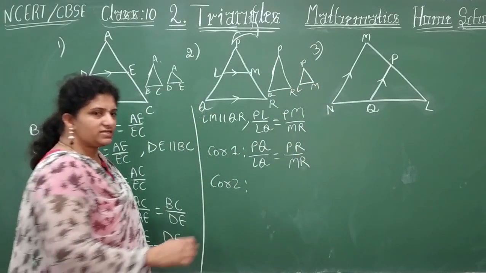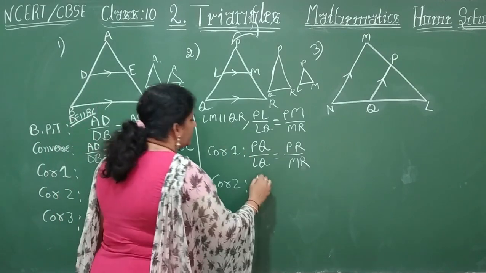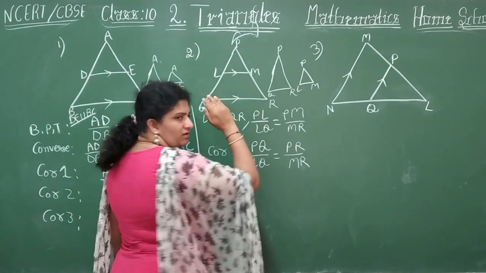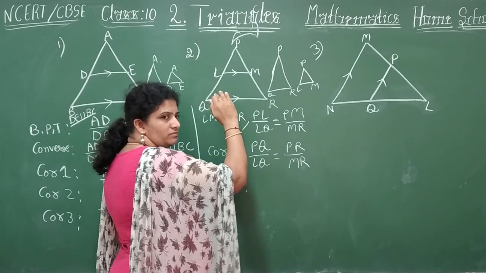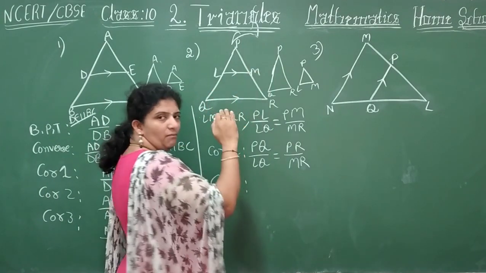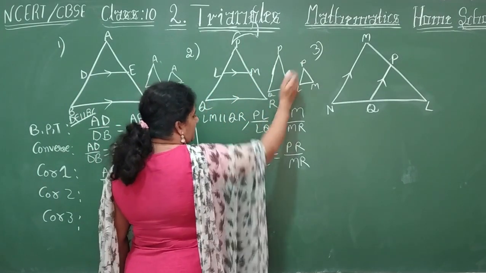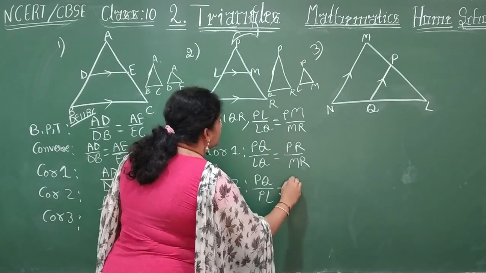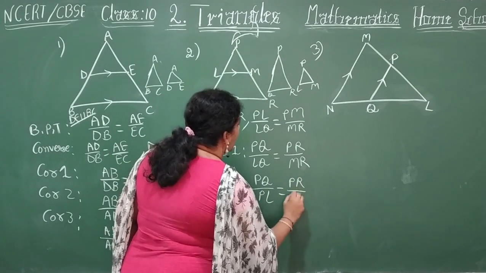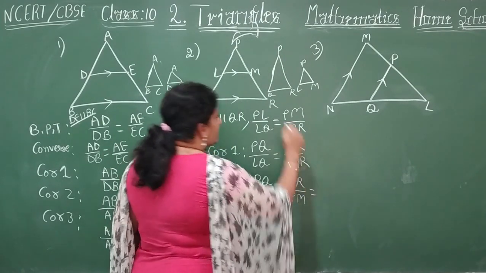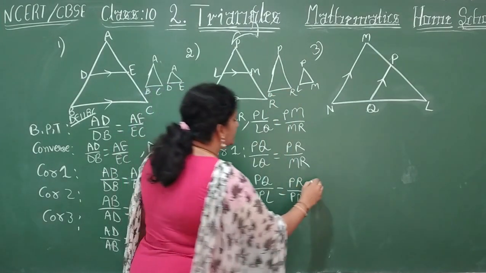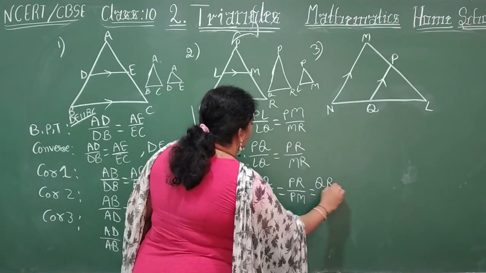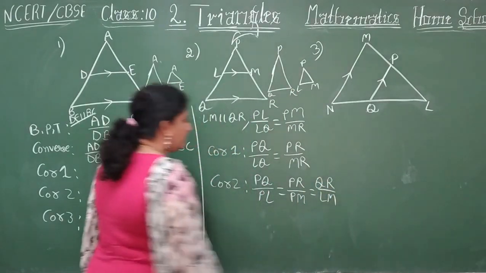Okay, now consider here. How do you write there? PQ by PL is equal to PR by PM. If you want, you can take the base also, children. That is QR by LM. Okay.